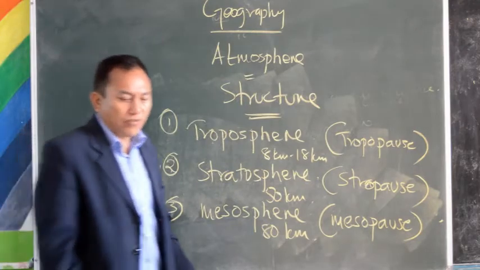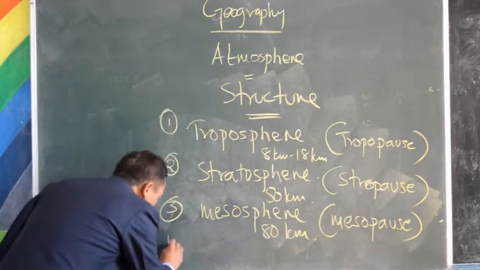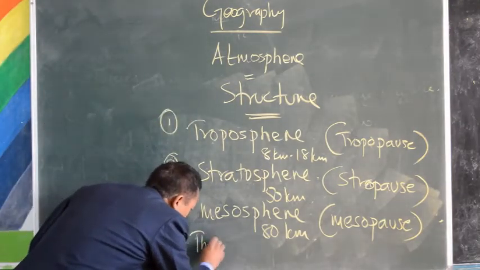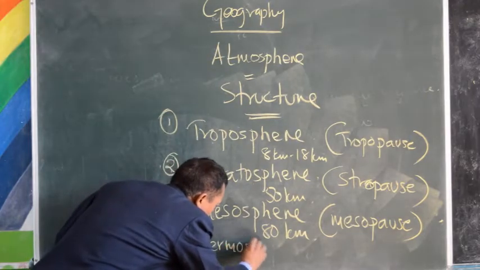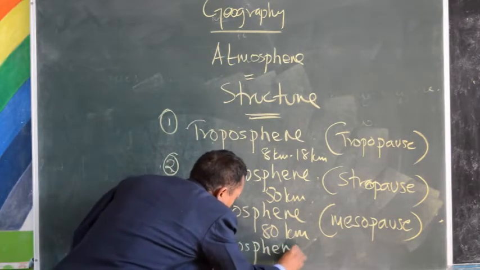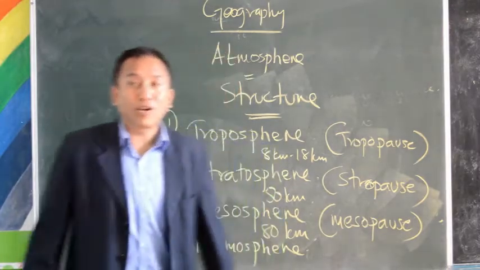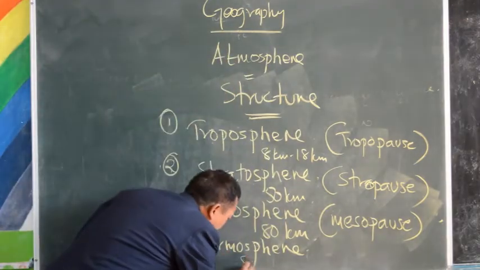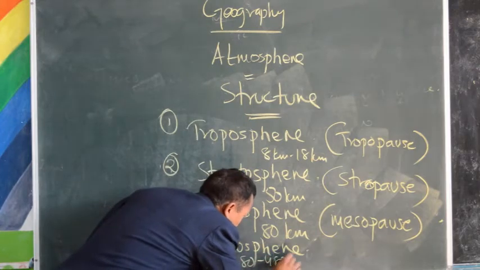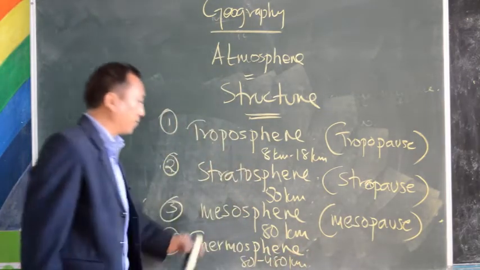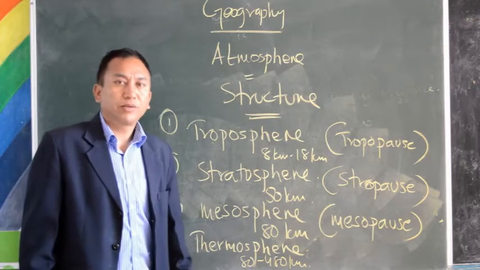Above the mesopause, we have the fourth layer, called the thermosphere, which extends from 80 to 480 kilometers above the mesosphere.